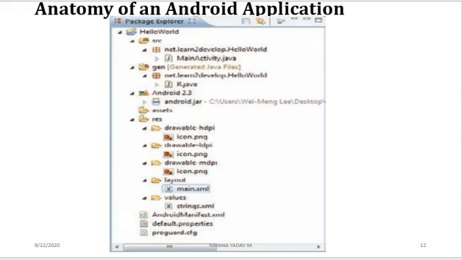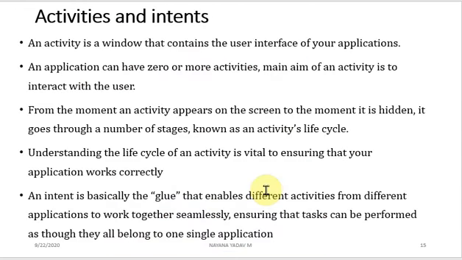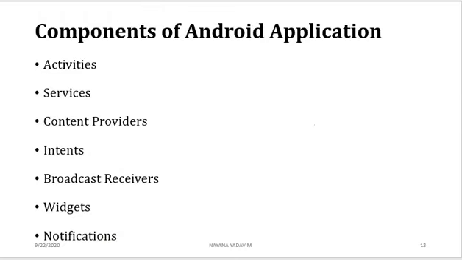Next, we'll go to components of an Android application. An Android application consists of many components which can be loosely coupled. Some of them we are going to see here.